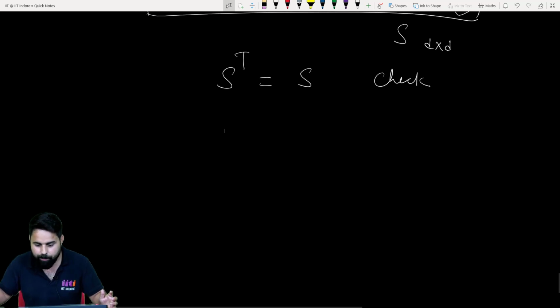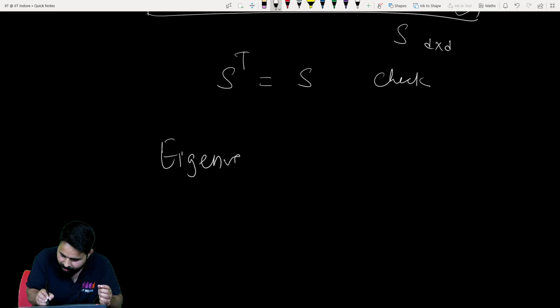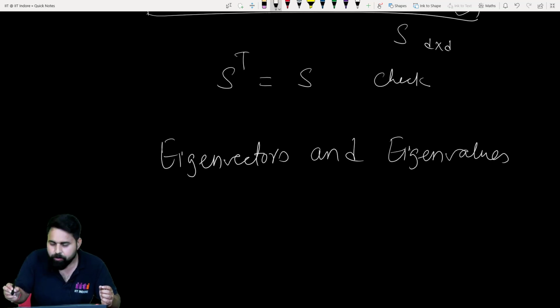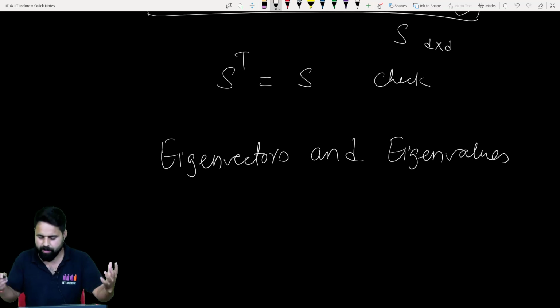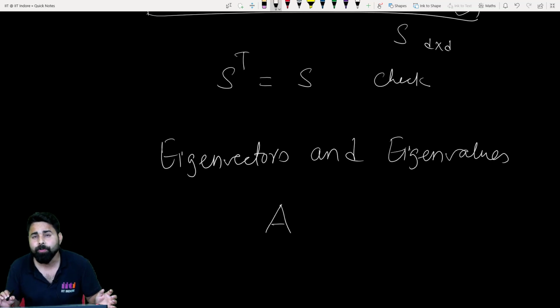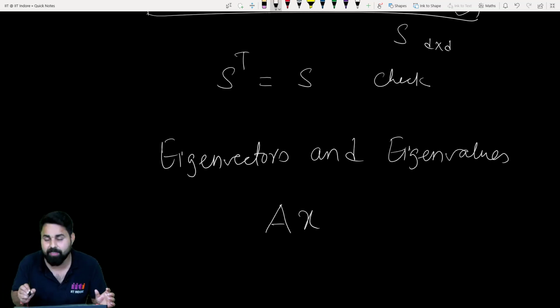Let us have a quick recap of eigenvectors and eigenvalues. So what are these beautiful vectors? You pick any square matrix, suppose A. What will happen when you multiply this square matrix with a vector?